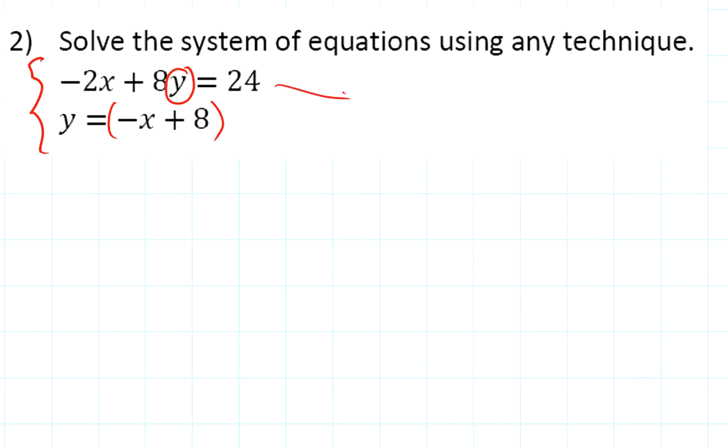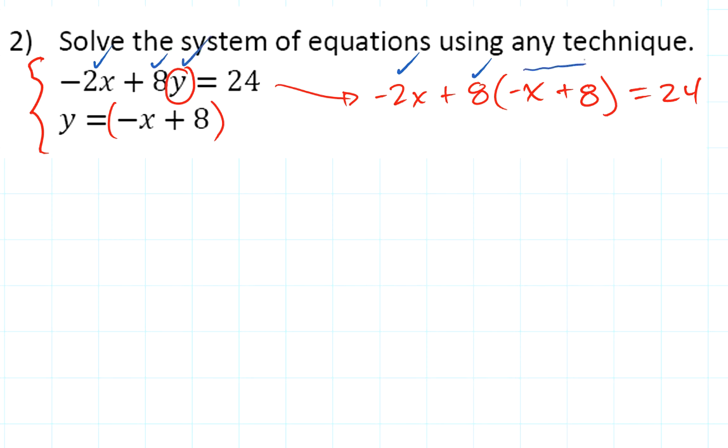So let's rewrite the first equation. It will become negative 2x plus 8 times y. Instead of writing y, I'm going to write the opposite of x plus the number 8. And then that equals 24. So if you look at it, I started with a negative 2x, I've got an 8, then I multiply by a y.